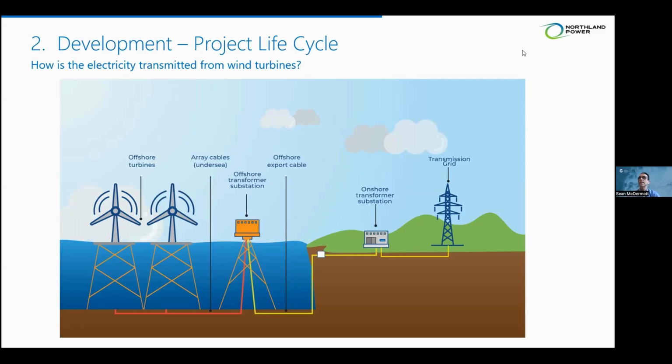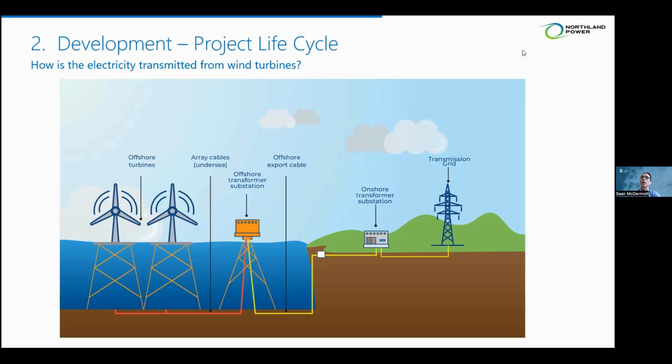For the purpose of this presentation, I'll be talking mostly about fixed bottom, because that's Northland. We have 3 operating wind farms and 2 in construction, all of which are fixed bottom. But floating is going to be an important part of the future for offshore wind.